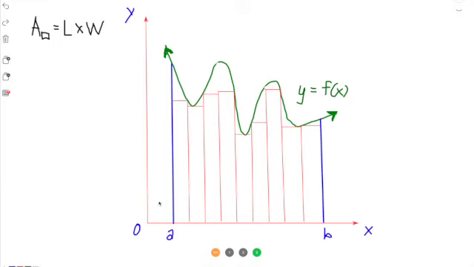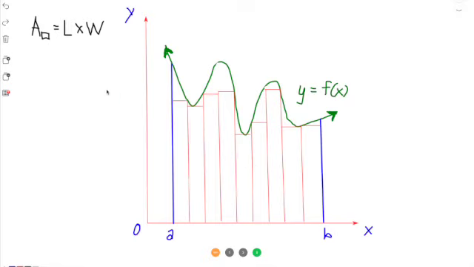In this case, the width would be on the x-axis and the length would be on the y-axis. I think you already have a hint now that what we are going to do is just take the areas of each of these rectangles inscribed in the area under the curve bounded by a and b, the interval a and b, and add up their areas.